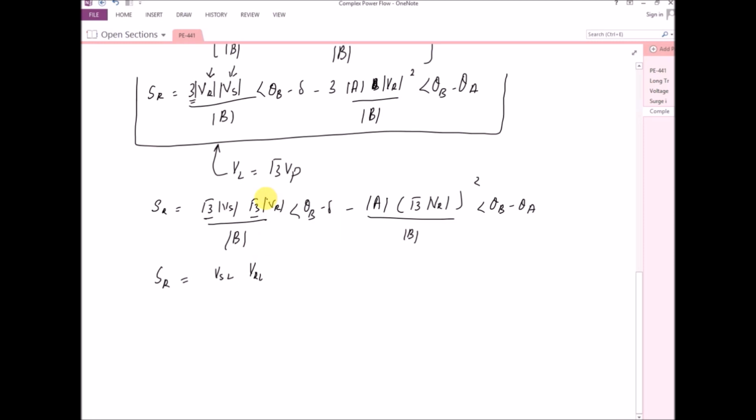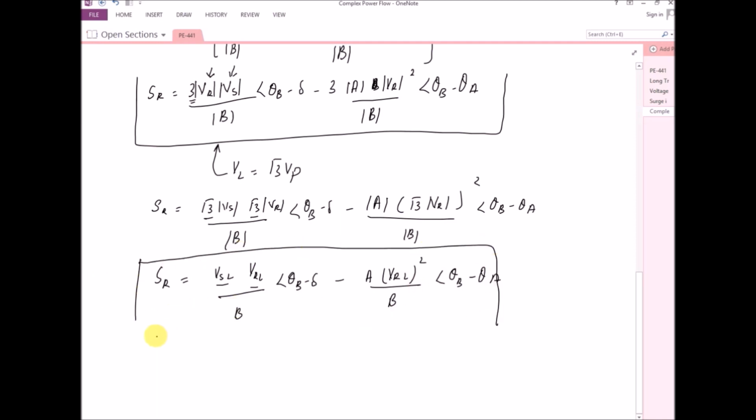I'm not using these bars right now, so just assume these are the magnitudes, right? Divided by B angle theta B minus delta minus A VRL square over B angle theta B minus theta A. So this is your complex power.